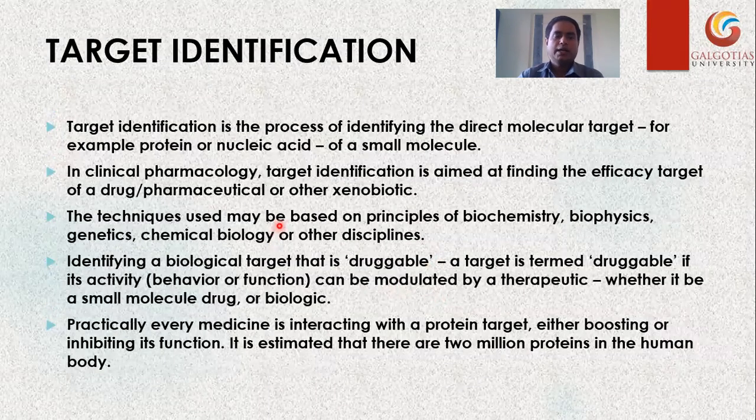So what are the targets? Basically, target identification is an important aspect of the drug discovery and development process. Target identification is the process of identifying the direct molecular target, for example, a protein or nucleic acid, of a small molecule.